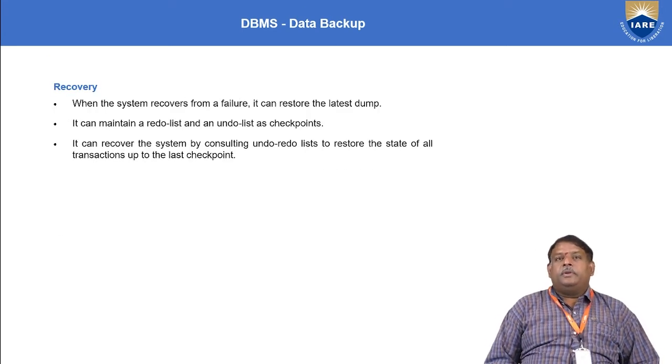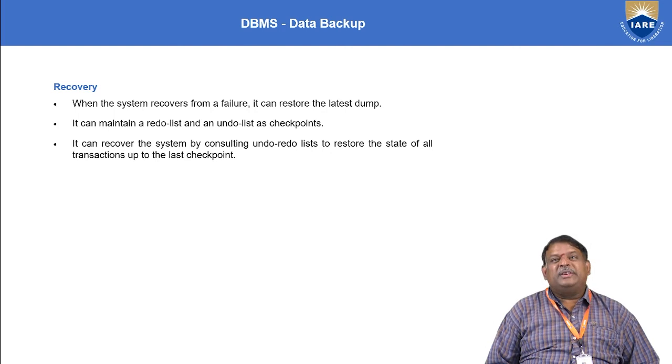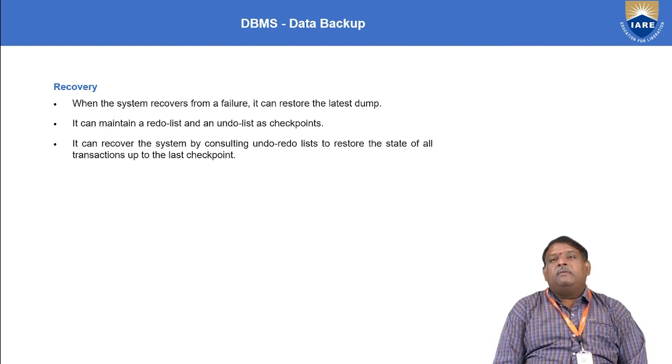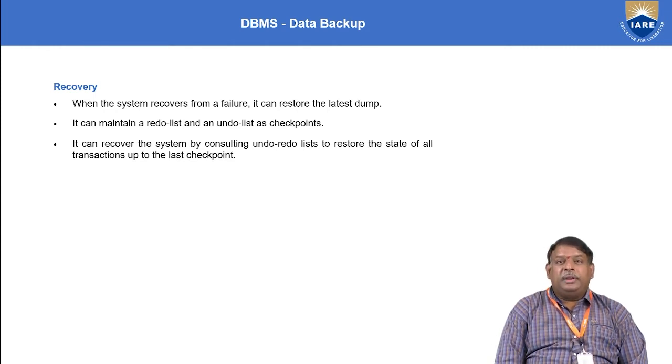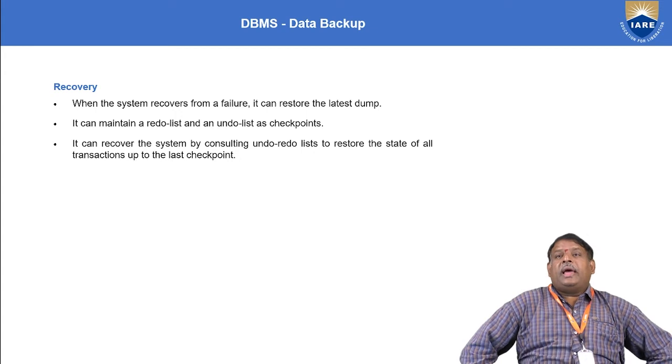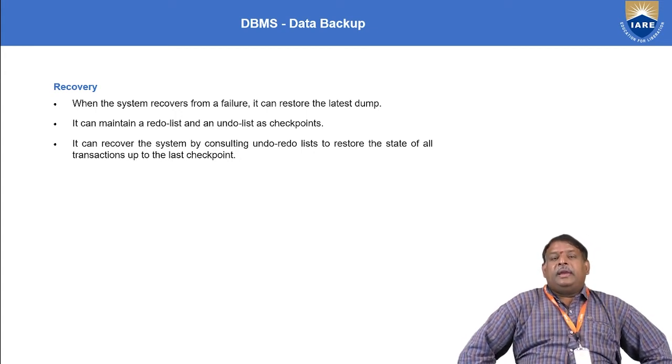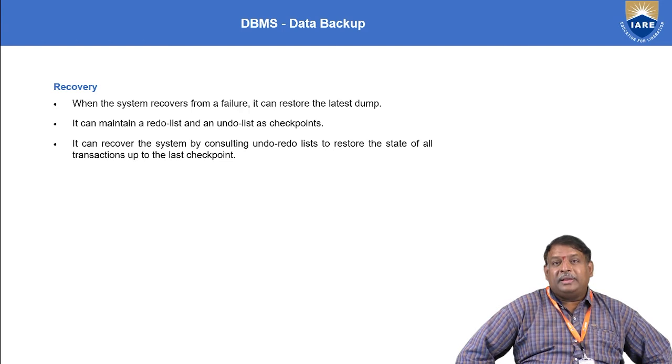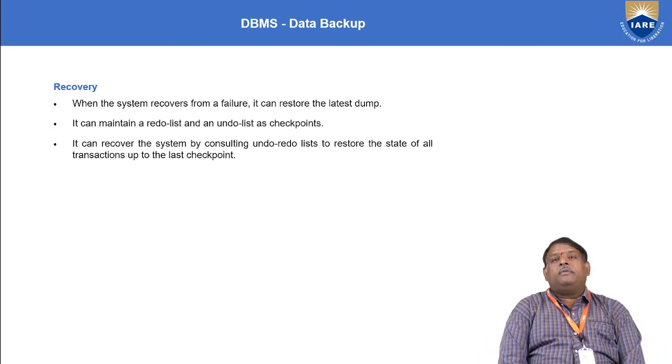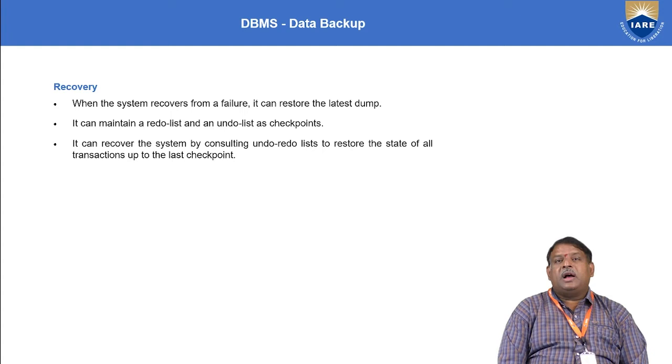Now recovery. When the system recovers from failure, it can restore from the latest dump. It can maintain a redo list and undo list as checkpoints. It can recover the system by consulting the undo-redo list to restore the state of all the transactions up to the last checkpoint.